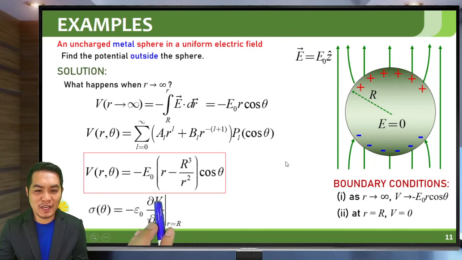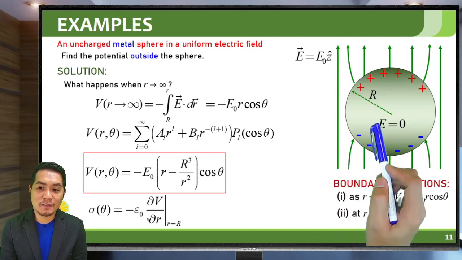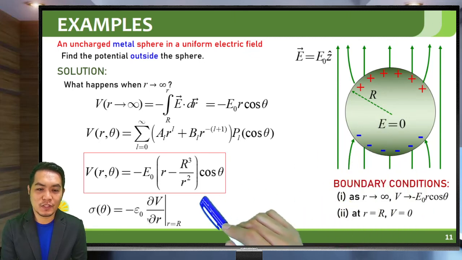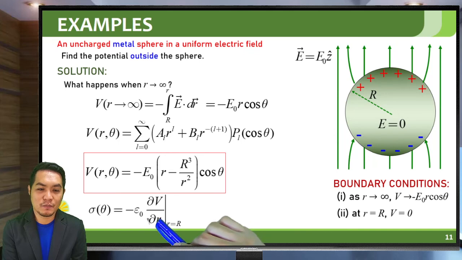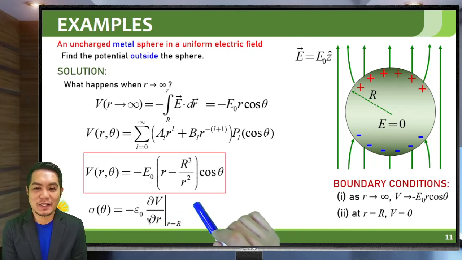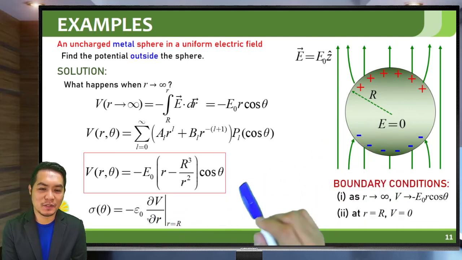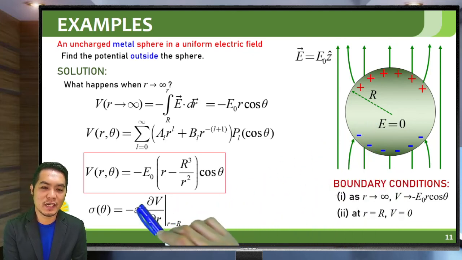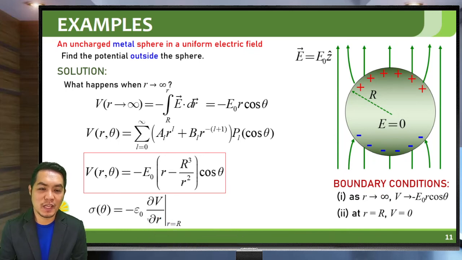Of course, if you are asked to find the charge density at the surface, since the potential inside is just 0, there's no second term here. In the general equation, it's the partial of V outside minus the partial of V inside. But since the partial of V inside is 0, we're just left with this one-term equation.